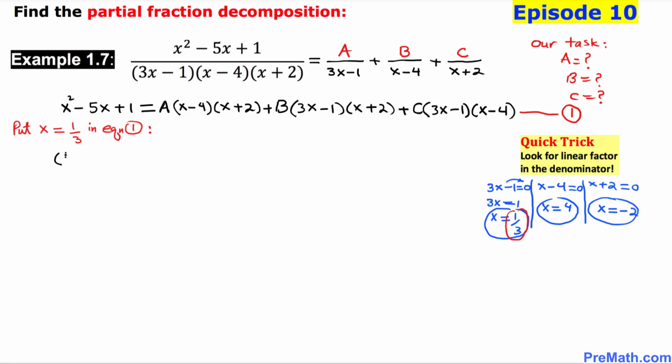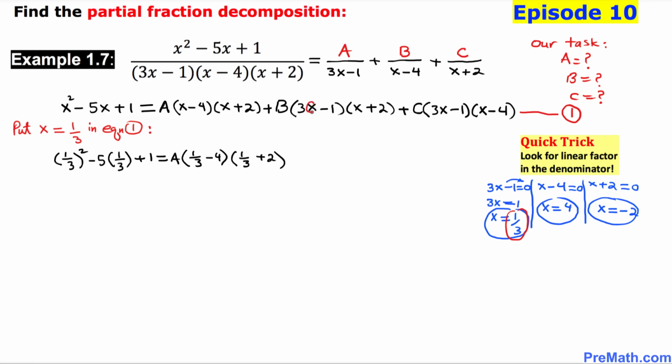So x squared is going to become (1/3) squared minus 5 times 1/3 plus 1 equal to A times (1/3 minus 4) times (1/3 plus 2).